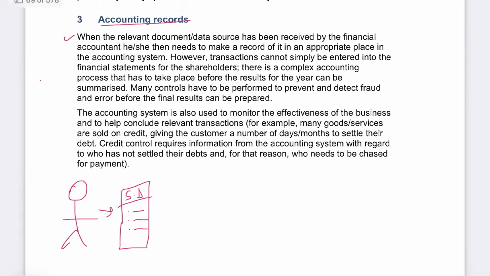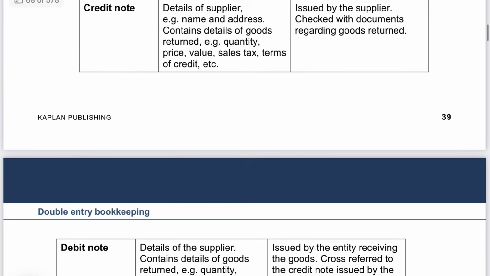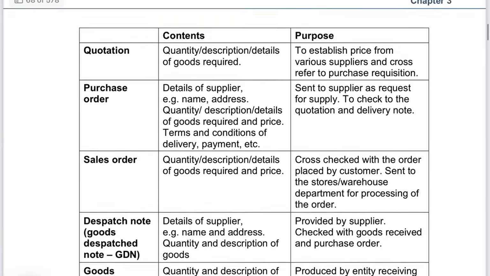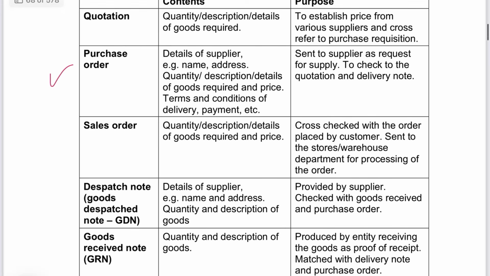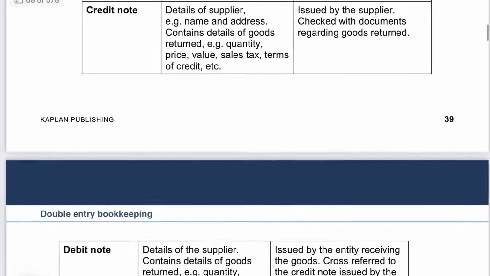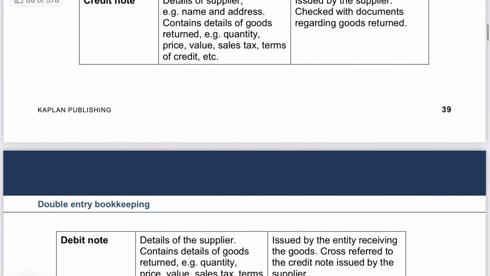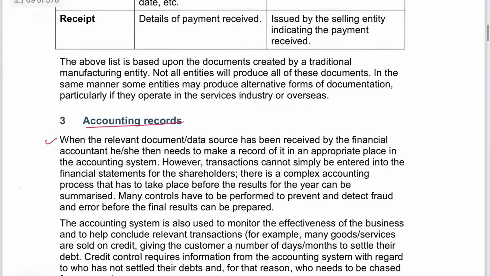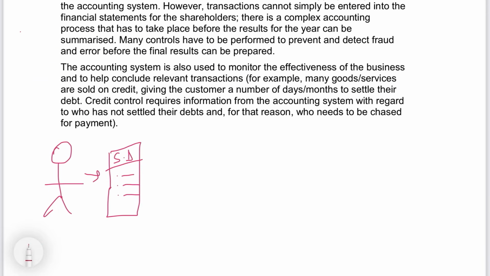There are so many kinds of source documents, as you can see: purchase order, sales order, dispatch note, invoices, statements, credit note, debit note, and remittance receipts. So there are many different types of source documents that an accountant can receive.